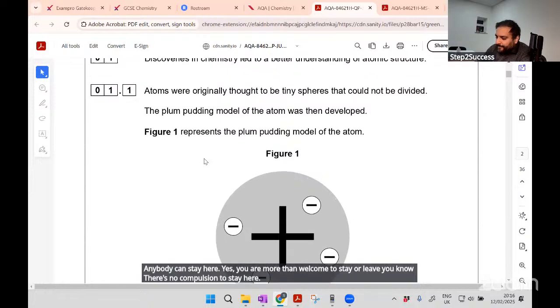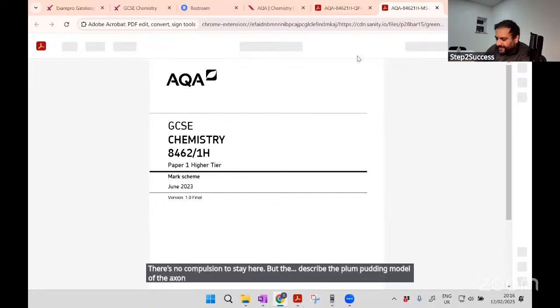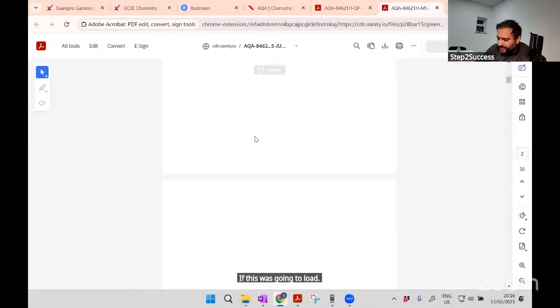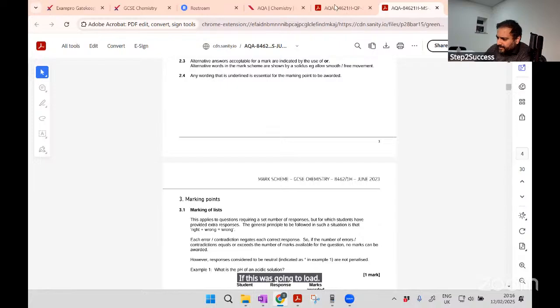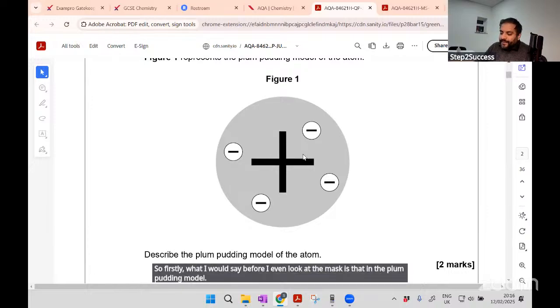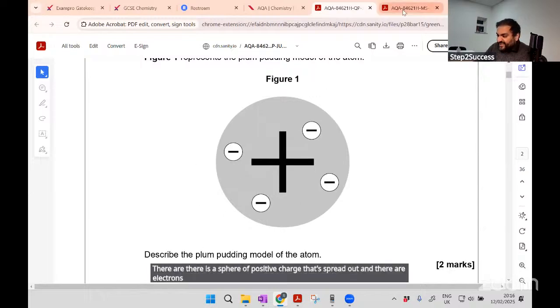But the question is: describe the plum pudding model of the atom. So let's just go straight to the marks so we can talk through this together. Firstly, what I would say before I even look at the mark scheme is that in the plum pudding model, there is a sphere of positive charge that's spread out, and there are electrons stuck inside it, or something like that.